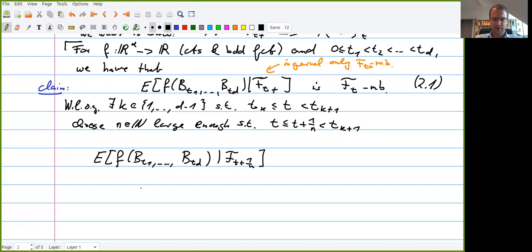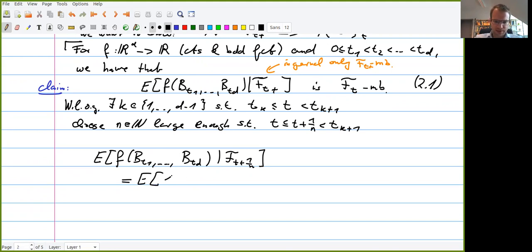And now here, this is a trick we will see at several places. You know that the increments of the Brownian motion are independent. We will show this later.